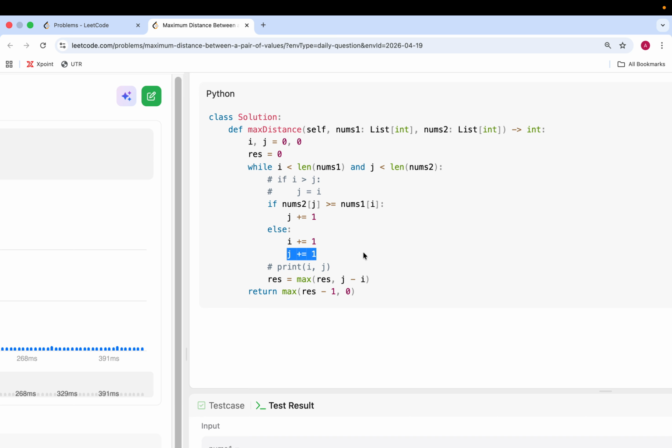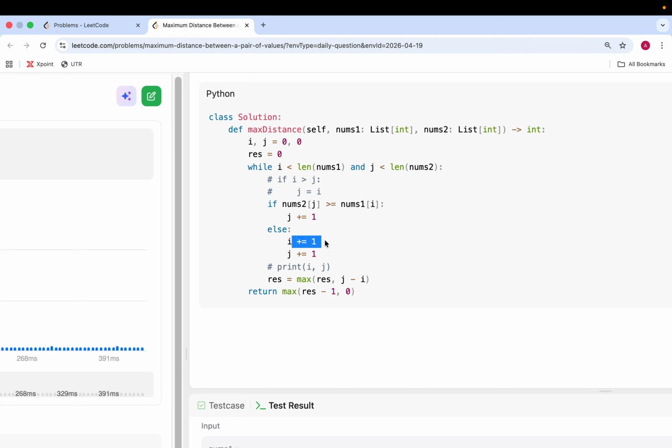I'm kind of surprised by that. Maybe the math works out. They do res minus 1 as well, which is interesting. So I think what they're doing is taking one more than the valid distance by incrementing j again and incrementing i.